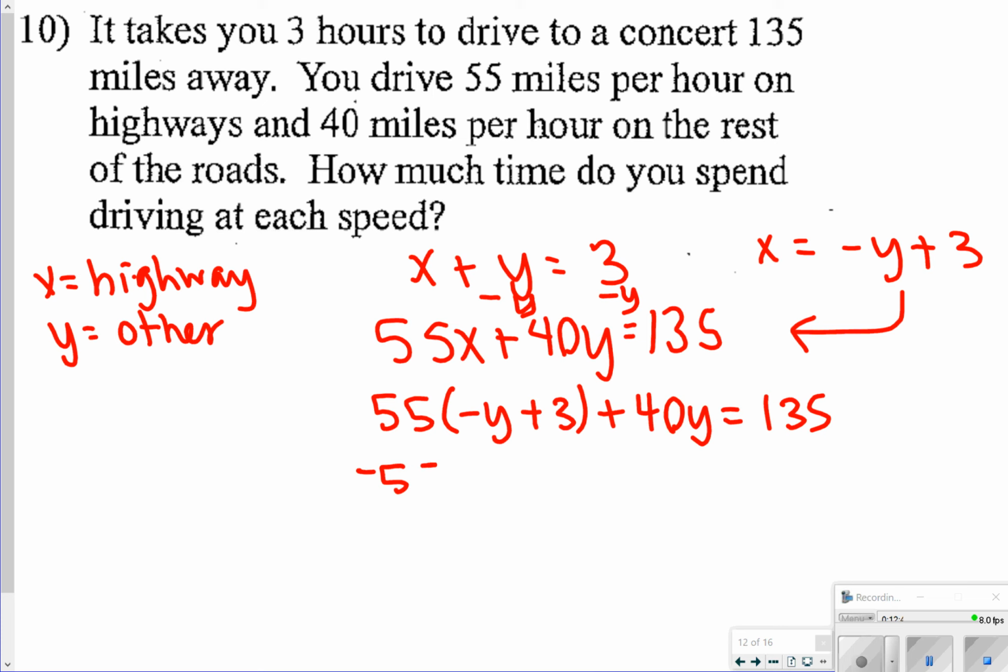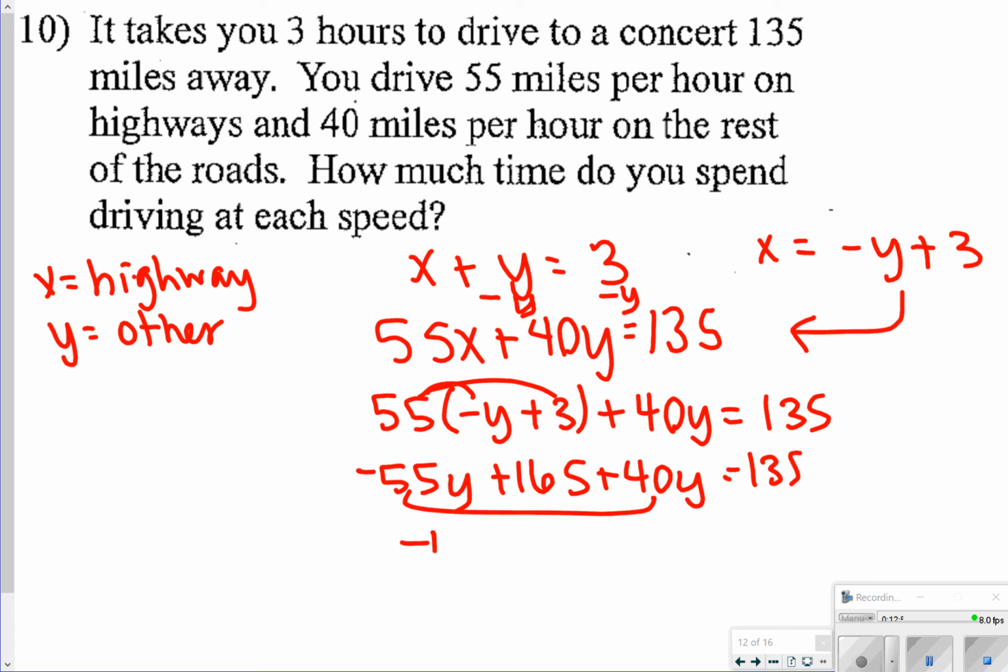That's negative 55Y, and then 55 times 3 is going to give me a positive 165 plus 40Y equals 135. Let's combine like terms. That'll be negative 15Y. Then I'm going to subtract 165 from 135, which would be negative 30. So Y is equal to 2.